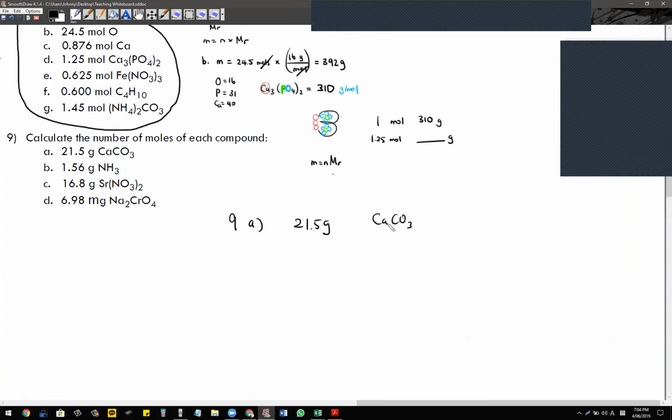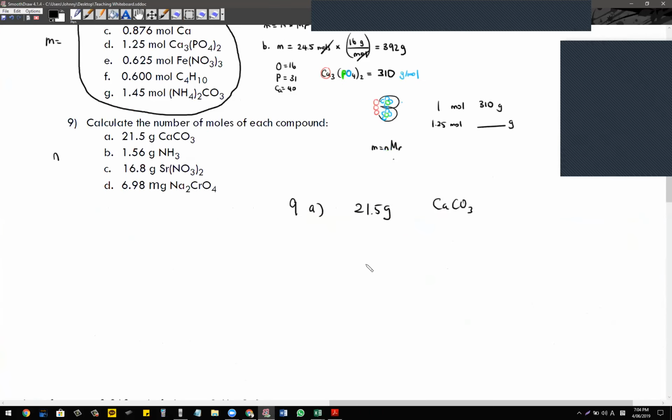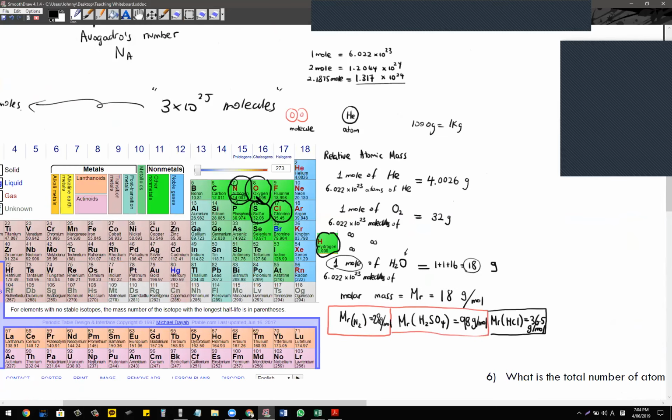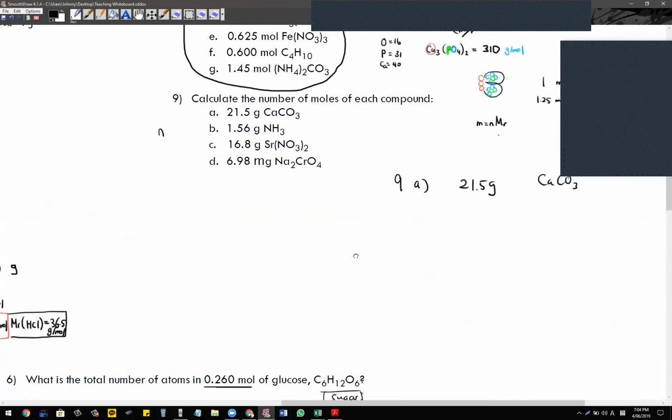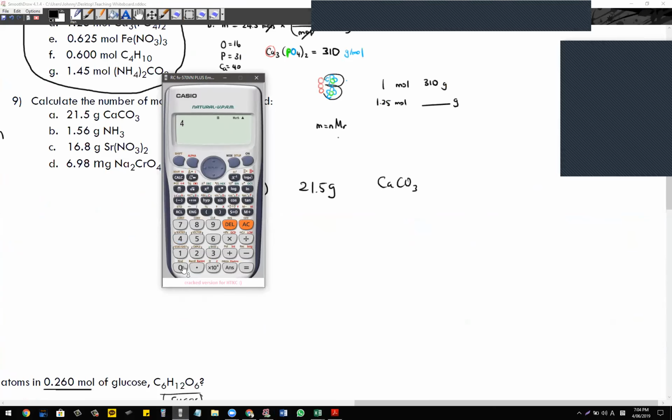Let's figure out the molar mass of calcium carbonate. Calcium is 40. Carbon is 12. CO3. So if you add them all up, 40 plus 12 plus 16 times 3, it's 100.